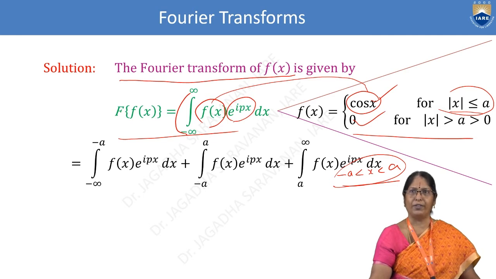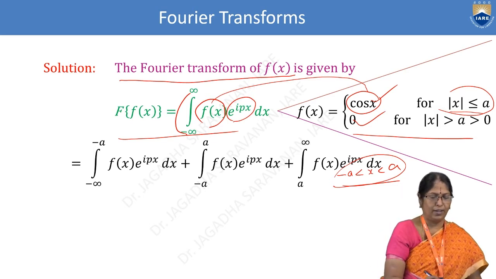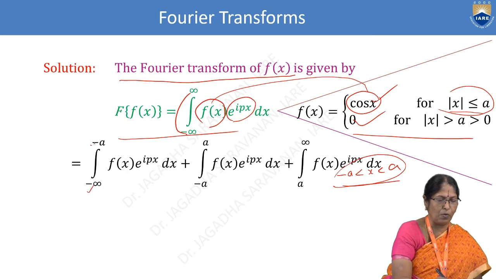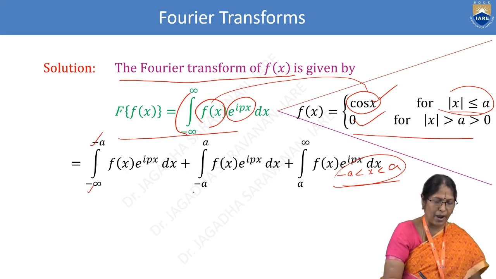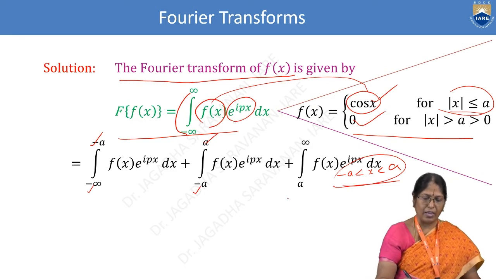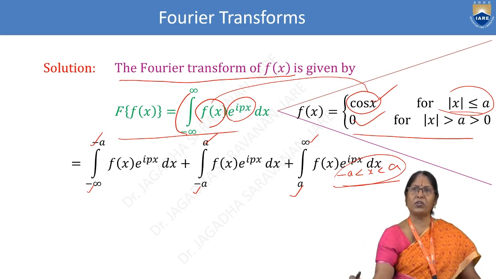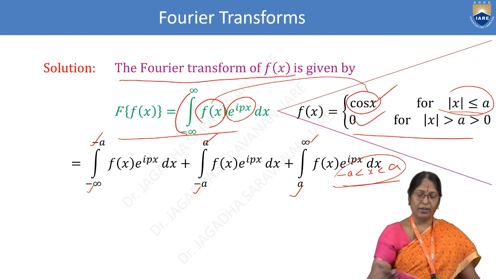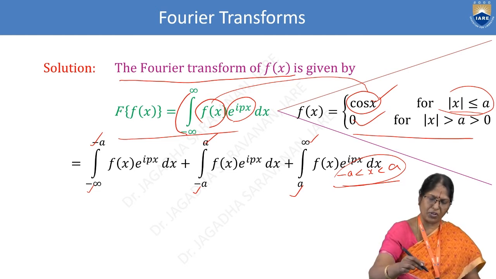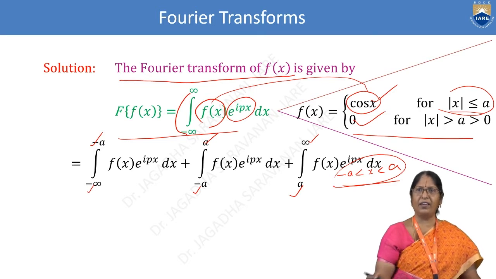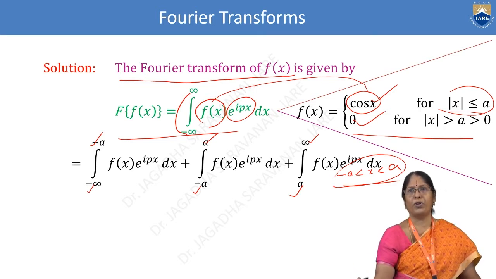So we split the integral as minus infinity to minus a, minus a to a, and a to infinity. We must check whether we inserted them correctly, because if a mistake is committed here, then in the entire problem we can't get the solution and we will be in a state of confusion.